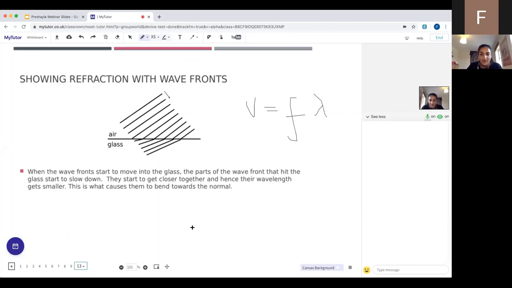A liquid is denser than a gas, and a solid is denser than a gas. So any liquid, any solid is denser than air. If it's denser, it travels slower. So waves always slow down when they're going from air into a denser medium.